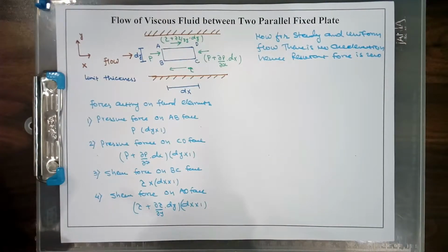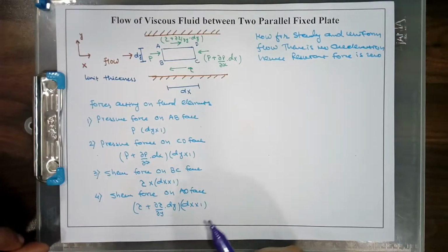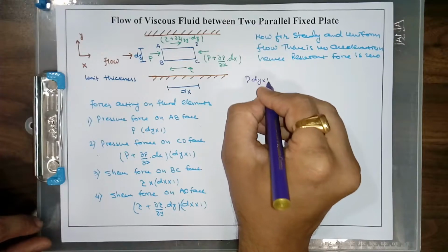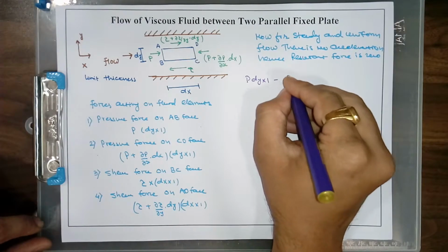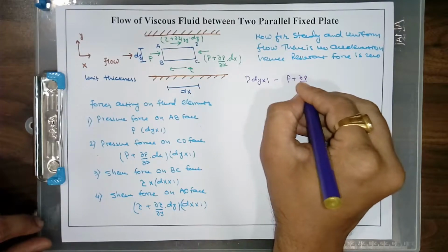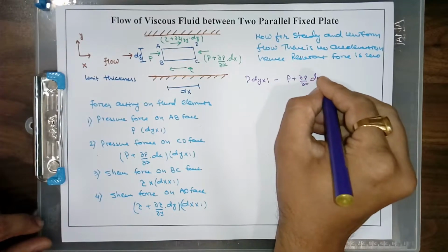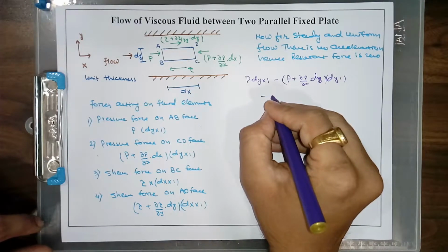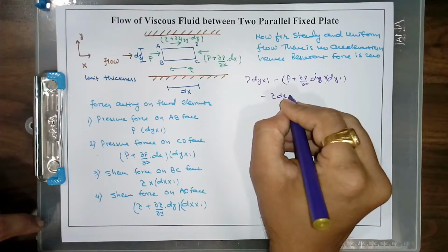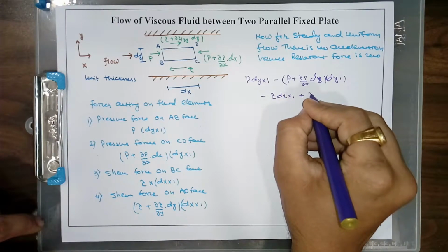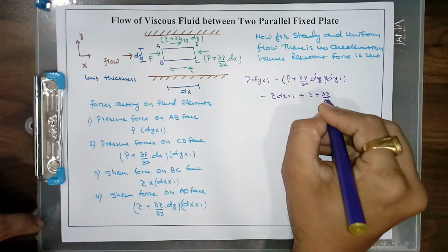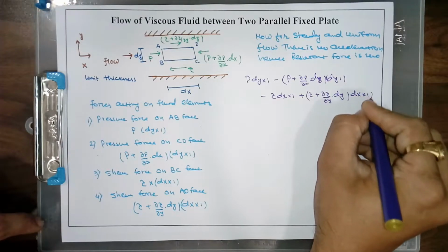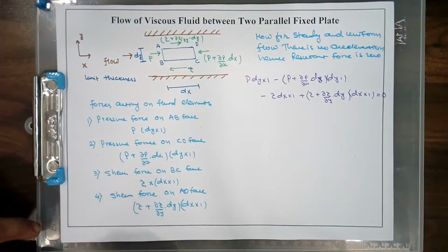Now we write down the forces acting in the direction of flow as well as in the opposite direction. So we get P into dy into 1 minus P plus del P by del x into dx into dy into 1, minus tau into dx into 1 plus tau plus del tau by del y into dy into dx into 1, which equals 0.